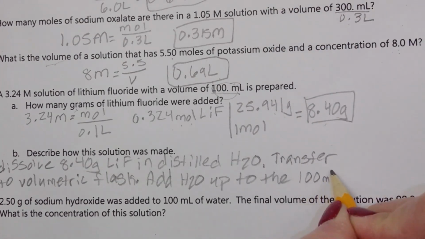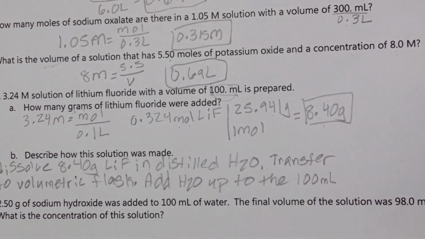I will not necessarily add 100 milliliters of water. I'm adding up to, all right? And because of intermolecular forces and the way things sometimes dissolve, volumes are not always what we call additive, where 20 milliliters plus 40 milliliters equals 60. 20 plus 40 may equal 58.